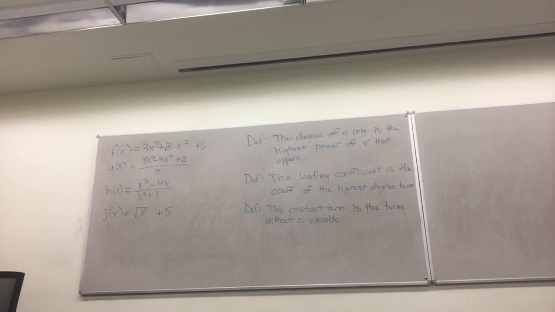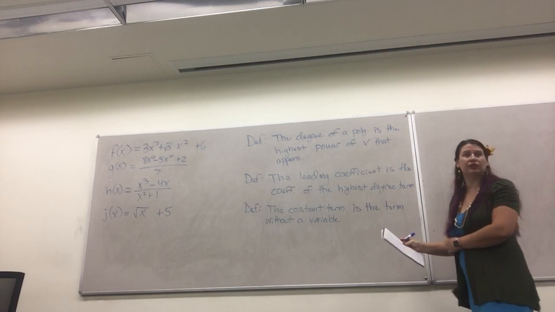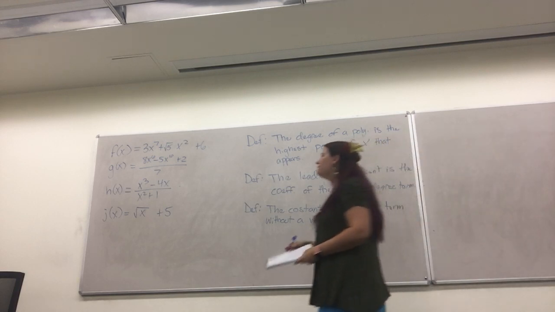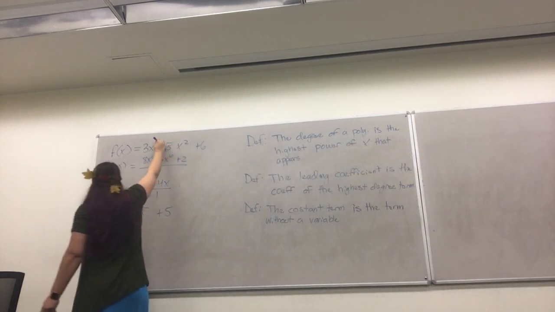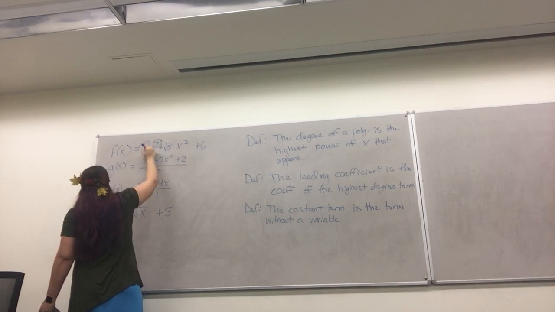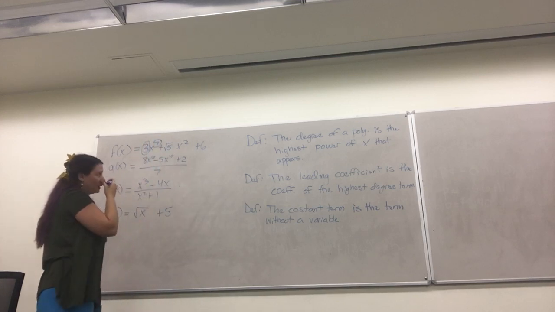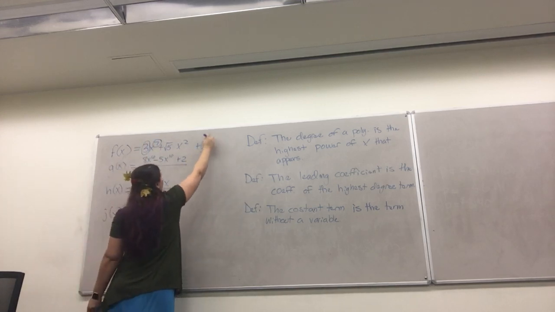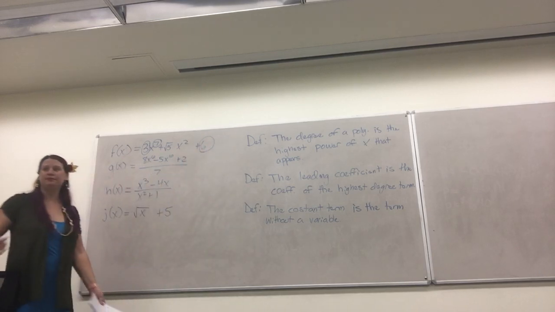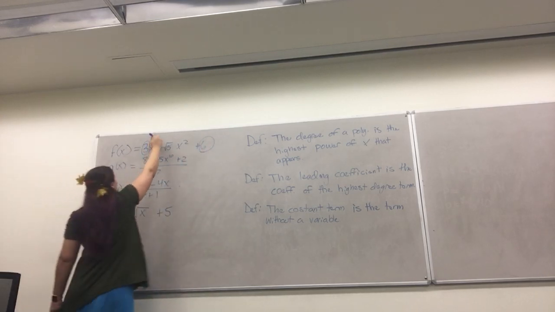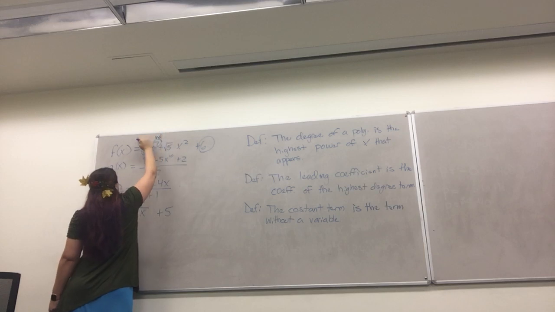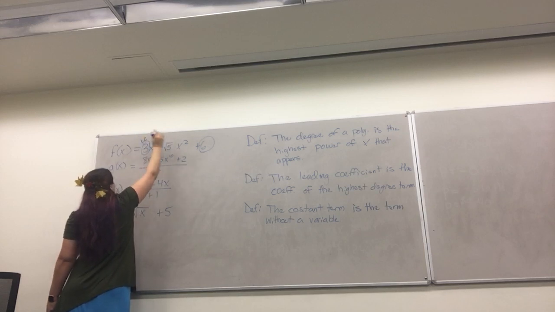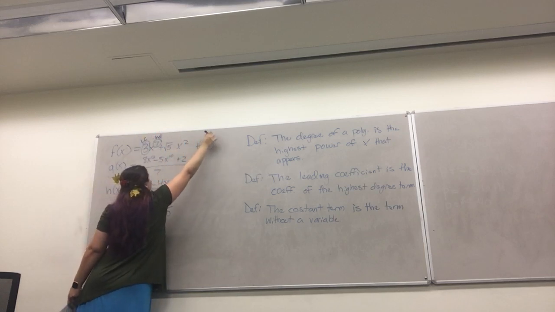So then what is the leading coefficient? 3, because that's the coefficient of the degree 7 term. Then what's the constant? 6, because it's the term without a variable. So highest degree, leading coefficient, and constant term.